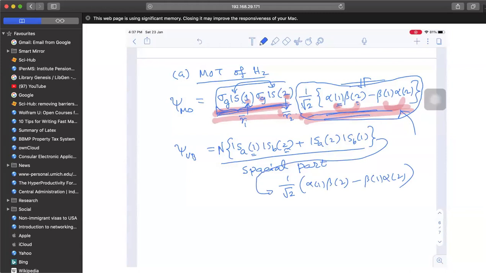The spatial part is symmetric under the interchange of the two electrons, while the spin part is antisymmetric under the interchange of the coordinates of the two electrons. Any questions? No, sir.